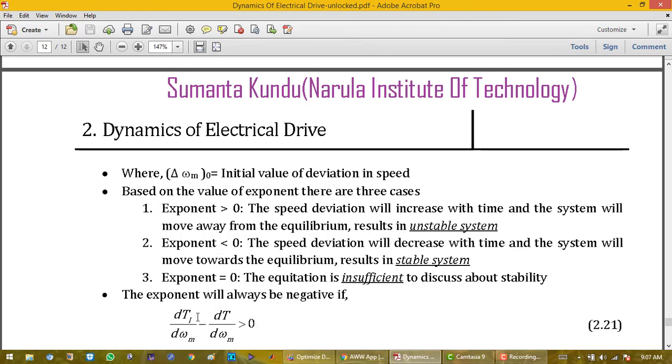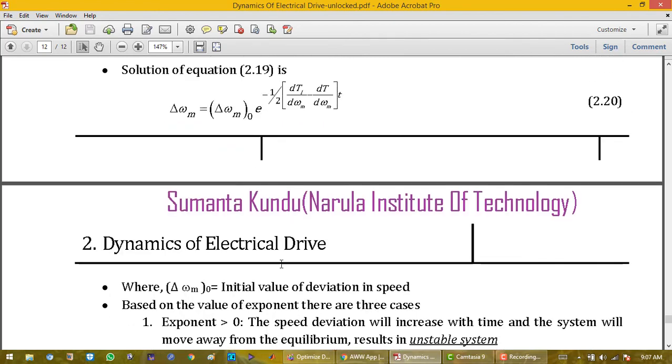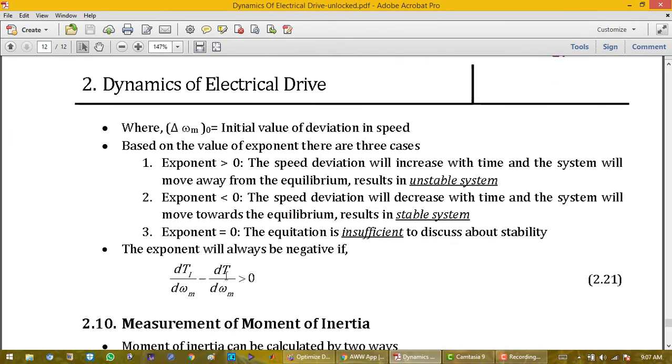So we have proved what we first told, that dT_L/dω_m must be greater than dT/dω_m. So this term has to be negative, and if you put this equal to 0, this has to be greater than 0.